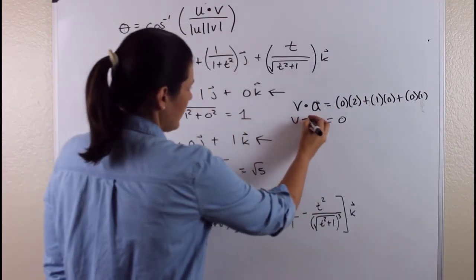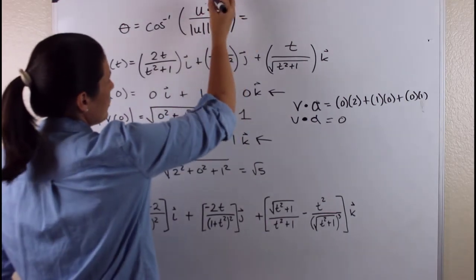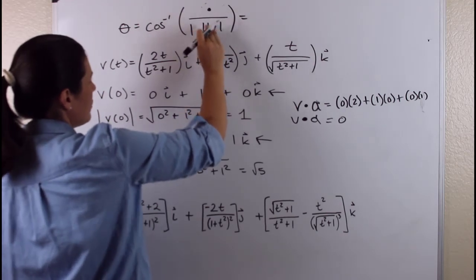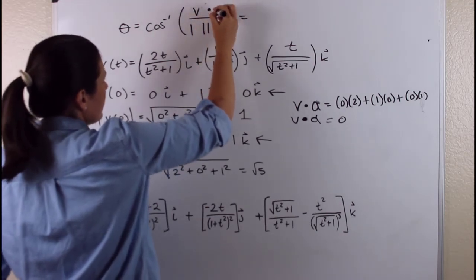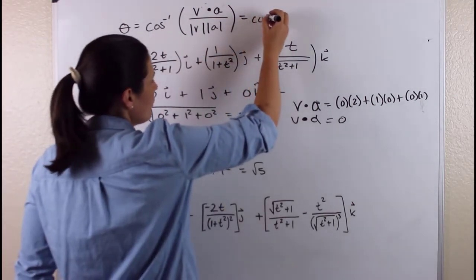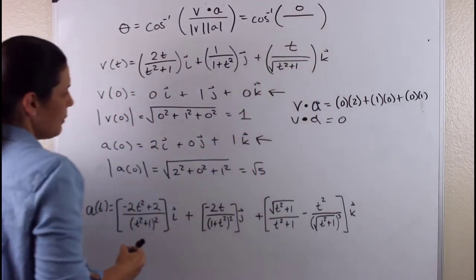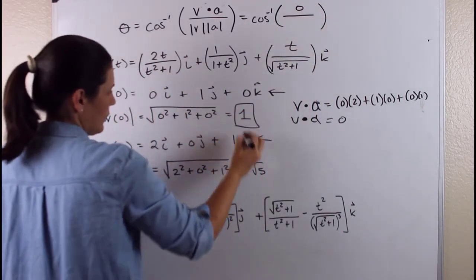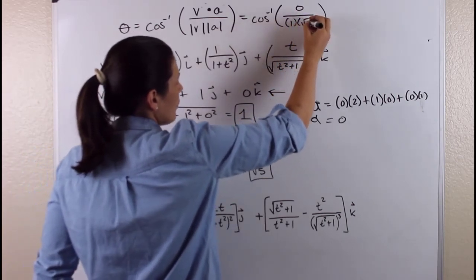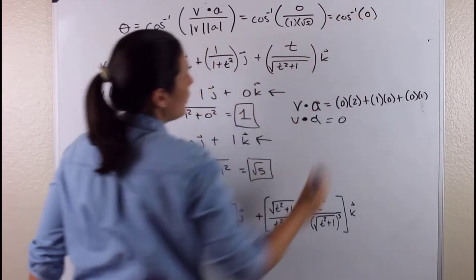And so if we plug this into our formula up here, if I just change this to a's and v's so it's more meaningful for this problem, this is v dot a over the magnitude of v times the magnitude of a. So this is cosine inverse of 0 in the numerator, and the denominator is this magnitude times this one, so 1 times square root 5. So this is cosine inverse of 0.